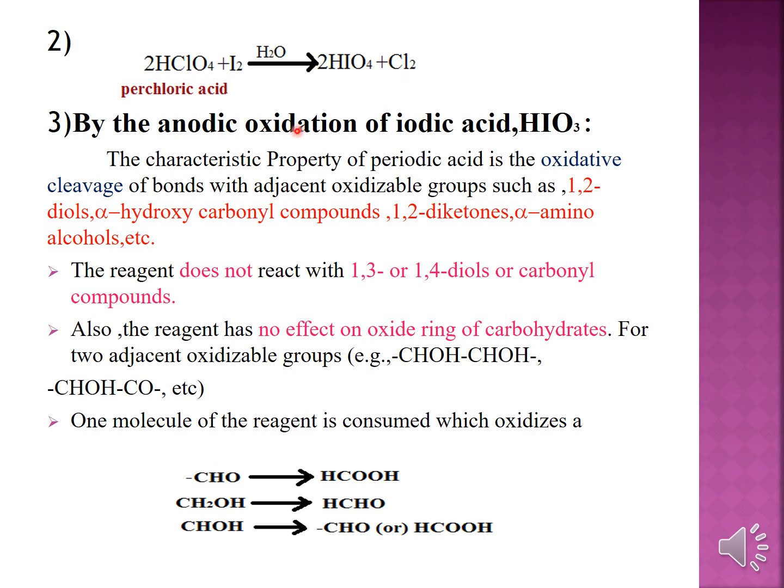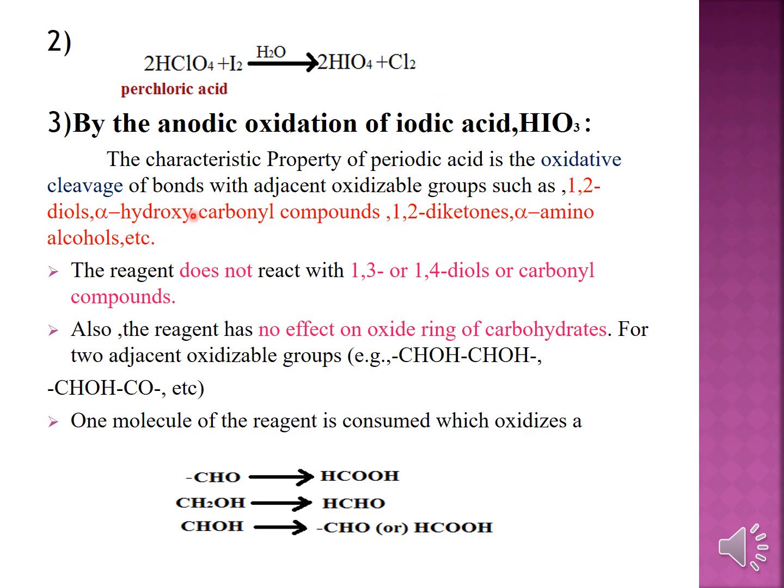Third is the anodic oxidation of iodic acid. Remember, iodic acid is HIO3, metaperiodic acid is HIO4, and orthoperiodic acid is H5IO6. You have to remember that.